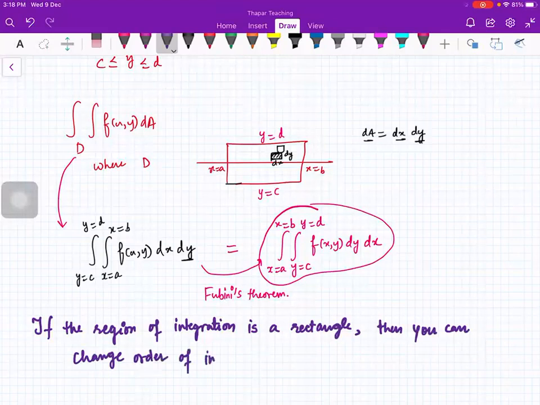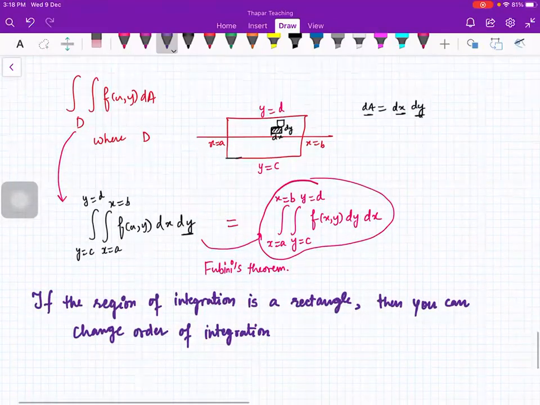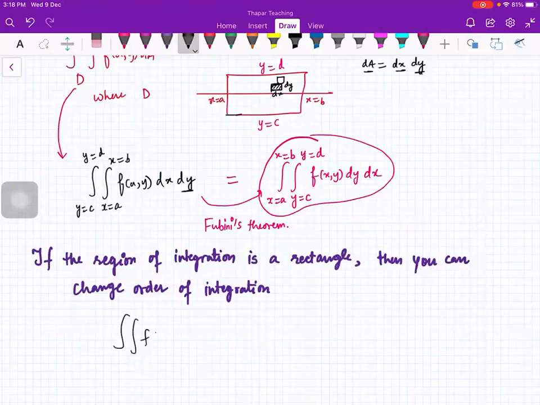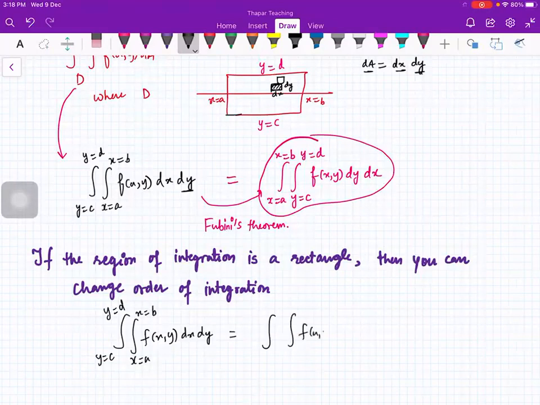Order of integration means you can integrate with respect to x first, or with respect to y first. That is, the integral of f(x,y) dx dy, x from A to B and y from C to D, is the same as integration first with respect to y and then with respect to x, y from C to D and x from A to B. Is that thing clear?